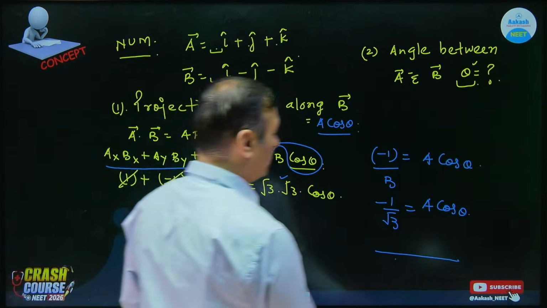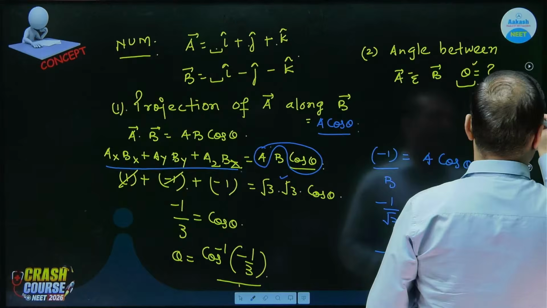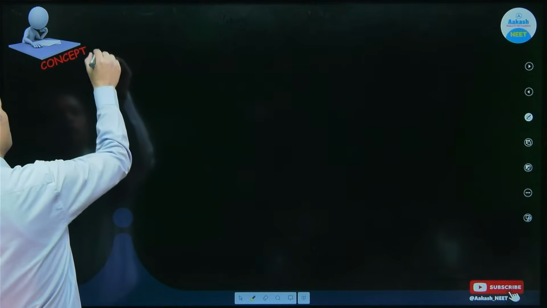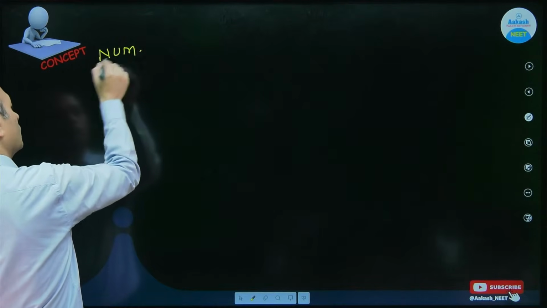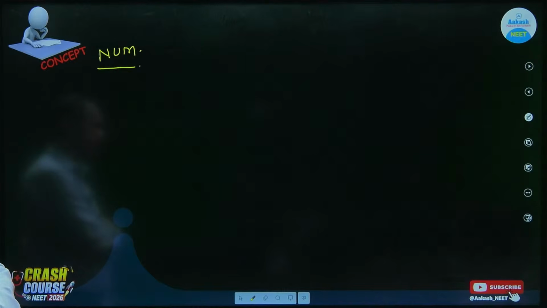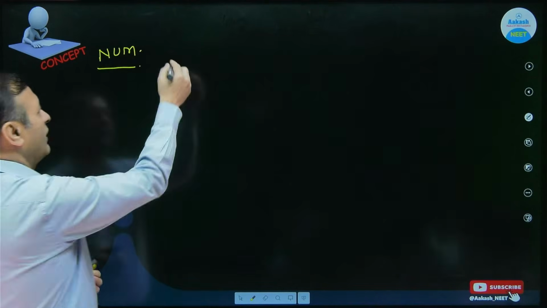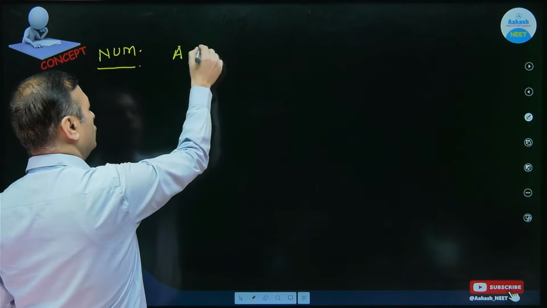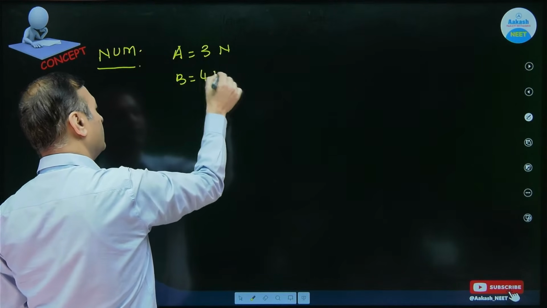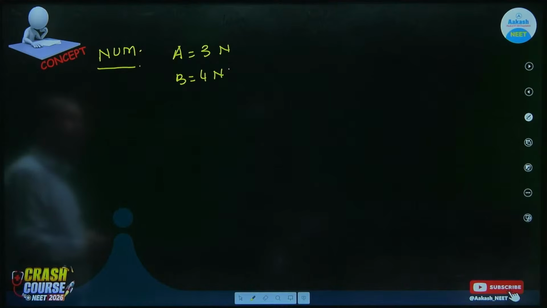So let's move to one more numerical we have. Let's suppose you have two vectors whose magnitudes are given to you as maybe 3 Newton and 4 Newton only. You got it or not?